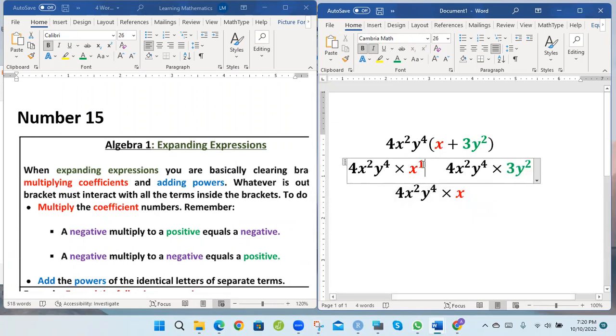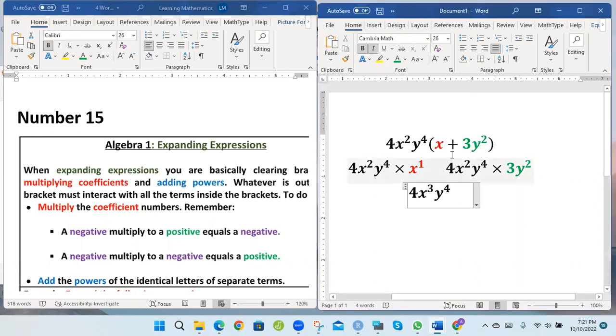So x raised to the power of 1 times x raised to the power of 2, or x raised to the power of 2 times x raised to the power of 1. This will become x raised to the power of what? Can somebody please tell me? So correctly said, as a student said, we have to add 2 and 1 to get 3. So this is 4x raised to the 3. Since there's no y attached to x, this remains as y to the 4.